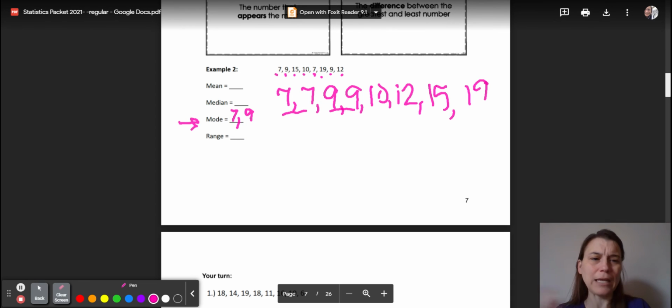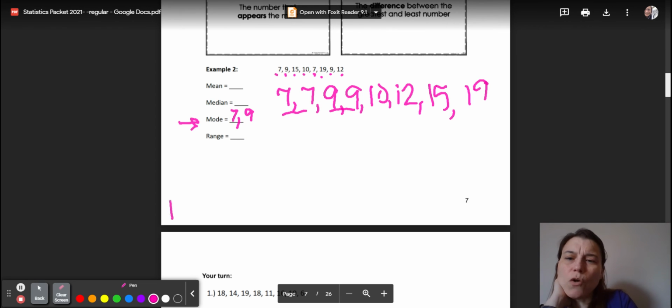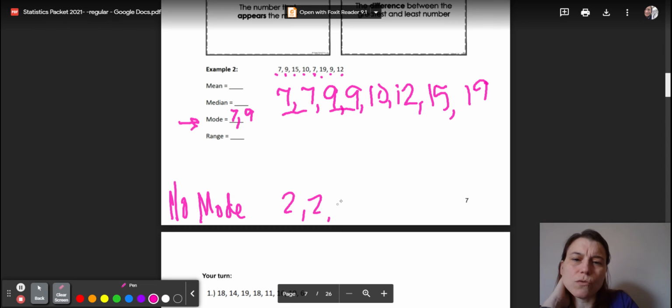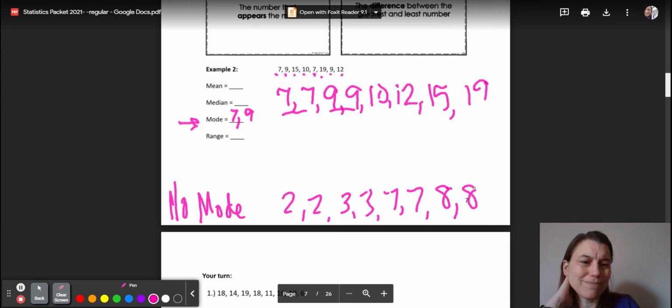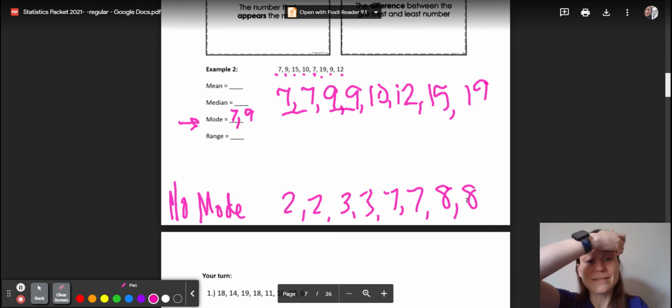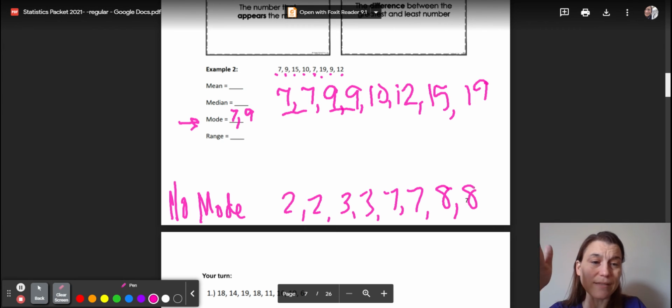Let me show you an example of no mode. Let's say I had numbers like this: 2, 2, 3, 3, 7. Let's say that was my data set. See how all the numbers appear twice? So none of them appear more often than the others. So this would be an example of no mode. It wouldn't be a mode of 0.